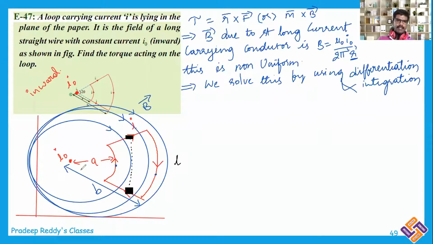Now this element is situated at a distance R from the current carrying wire. Whenever a current carrying conductor is placed in an external magnetic field, definitely it will experience a force. First let me calculate the force acting on the conductor.